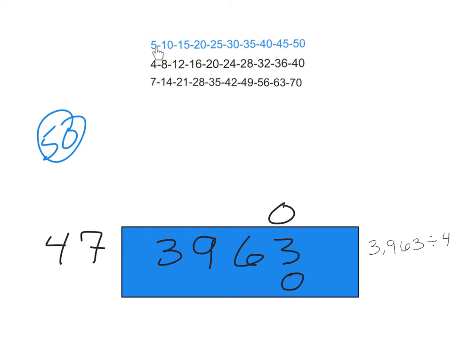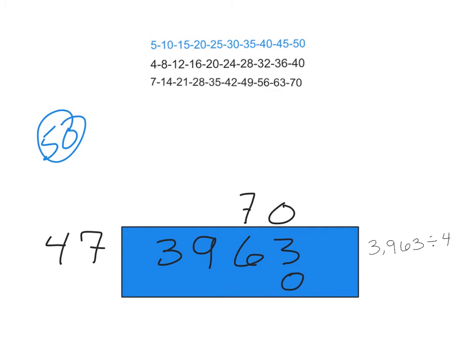So instead of using 47, I'm going to estimate this as 50. So these are my counting by 5s, and I'm going to imagine I got a 0 behind each of these digits. I get 50, 100, 150, 200, 250, 300, 350, and 400 is a little bit too much, so I'm going to go with the 350, which means I'm going to multiply by 1, 2, 3, 4, 5, 6, and 7. So I'll plug a 7 right there.